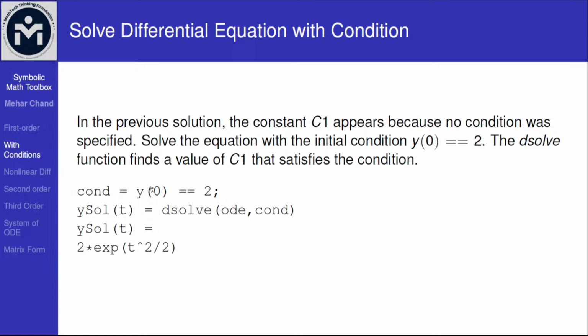And this first condition for the first order differential equation is stored in condition, and again we are executing the same statement, y solution t is equal to dsolve ODE comma condition. So when you execute this statement, this will return us the solution after applying the initial condition.